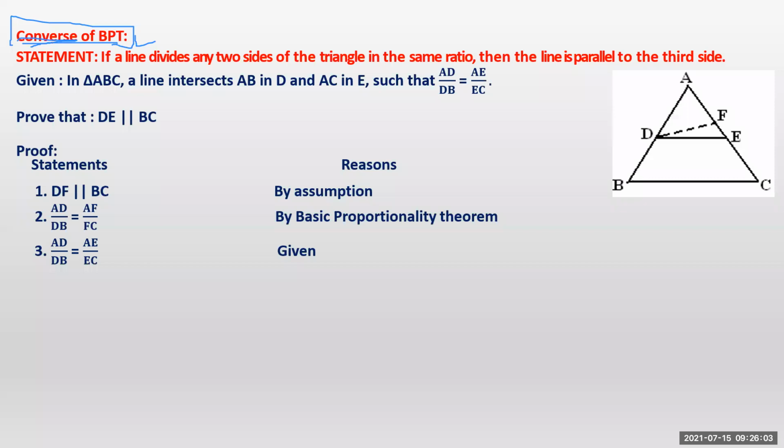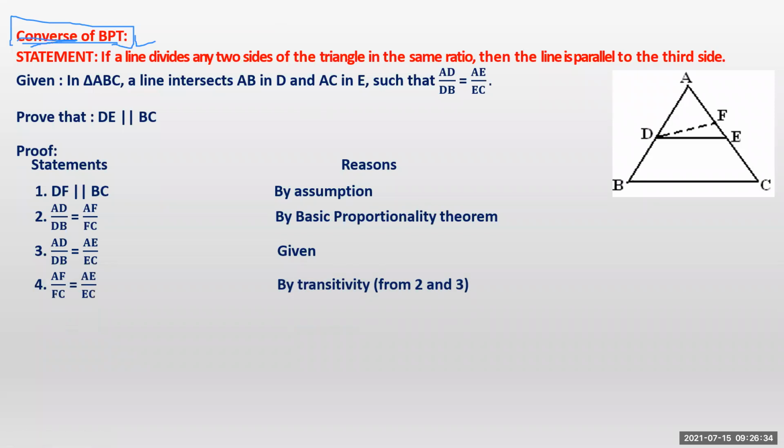Now, the second statement is by the basic proportionality theorem, that if a line is parallel to the third side of the triangle, then it divides the sides which it intersects in the same ratio. With the help of this, by the basic proportionality theorem, you get the second statement, but the third statement is given to you.